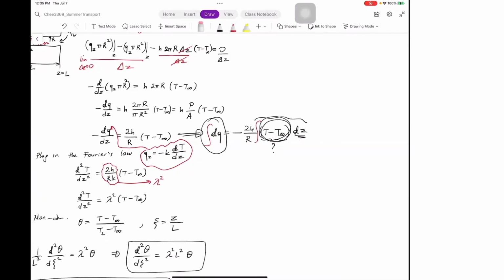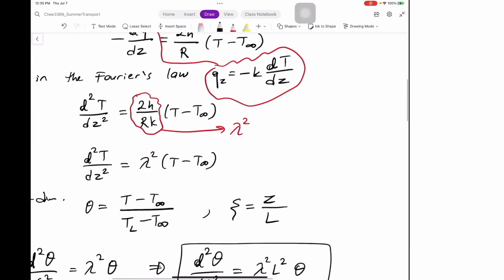Yes. Another question, sir. Sure. So if we were to put in q as equal to our Fourier's law, which is negative k dT over dz, we then can integrate it to find the temperature, right? We then collect all the temperatures on one side and all the z's on the other side. Well, actually, you get one equation with one independent variable.